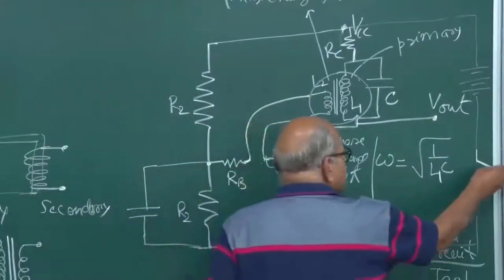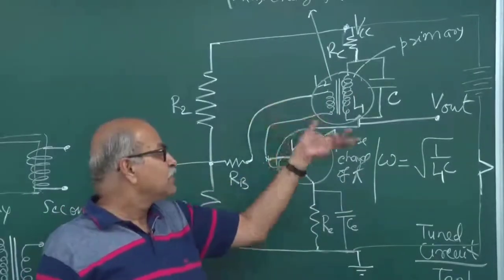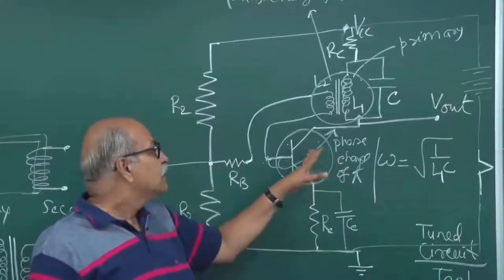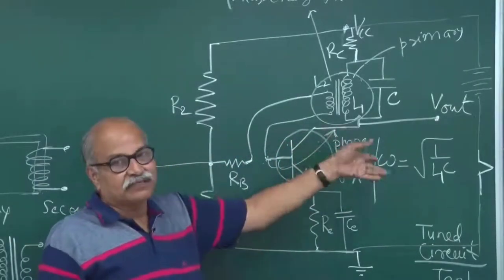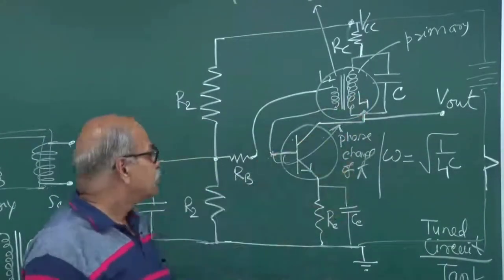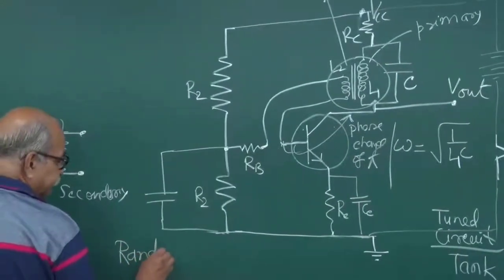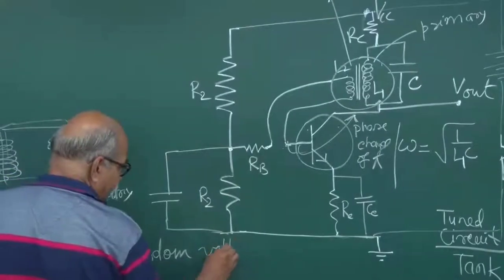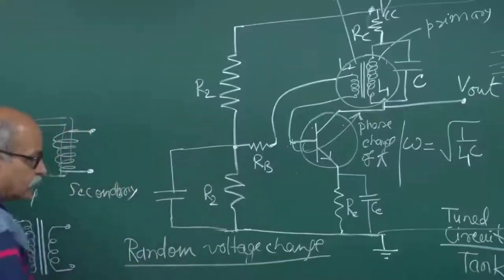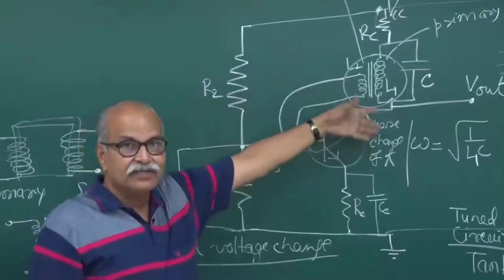So when you switch on the circuit for the first time, what will happen? Some current will flow, and then the transistor will go into its active mode, and something will be amplified, whatever, noise or that. But then when that reaches here, that noise or random voltage change, when you switch on, the current starts, and something is amplified, some voltage goes there.